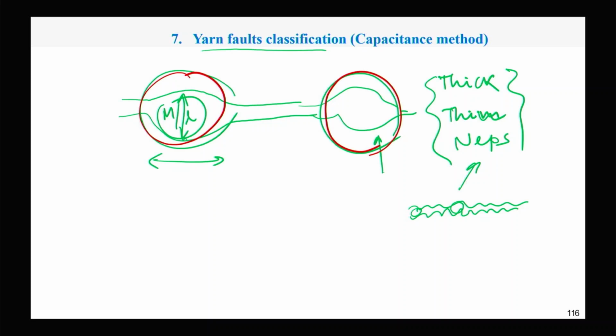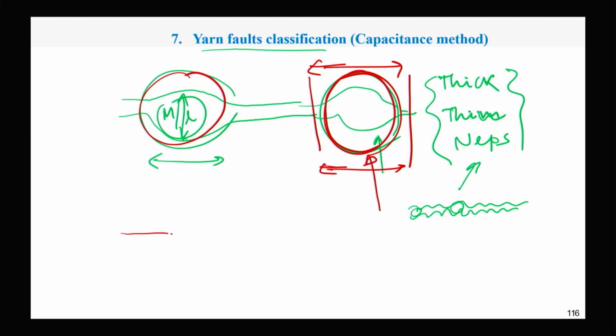So what we normally do, we remove this fault by cutting this portion, just like an operation. We are operating on the yarn, we cut the unacceptable portion. Suppose this is the yarn with one unacceptable, very thick portion.